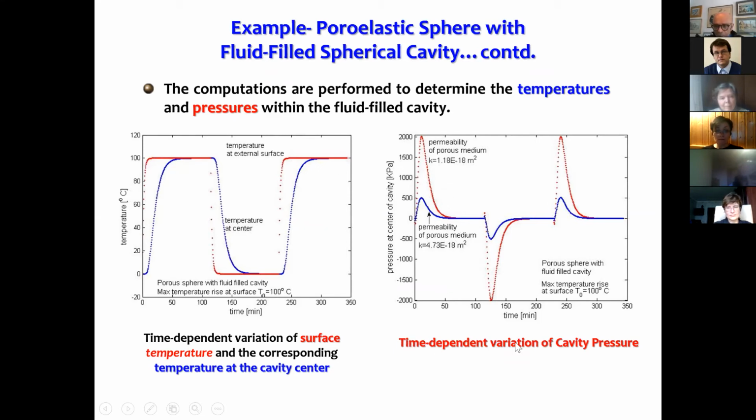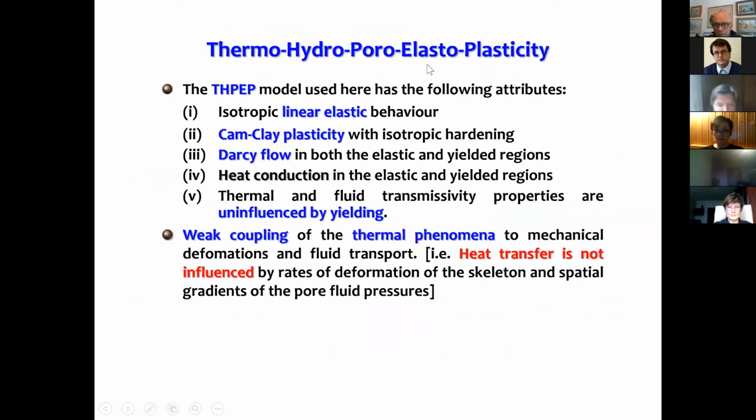So time-dependent variations in the cavity pressures, again, you can see that they follow the poroelastic case quite closely. But the question is, can we do this for the elastoplasticity as well?